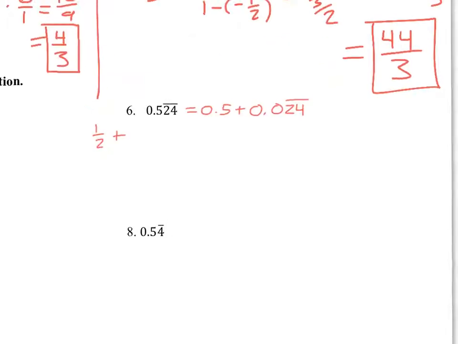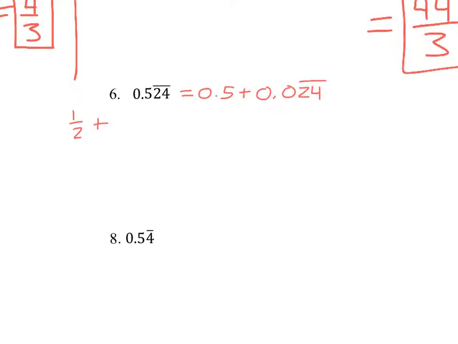Okay, number 6 is equivalent to 0.5 plus 0.024. So breaking that up, we know that 0.5 is 1/2. All right.